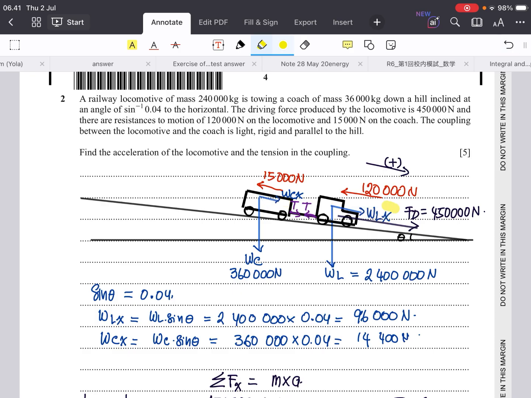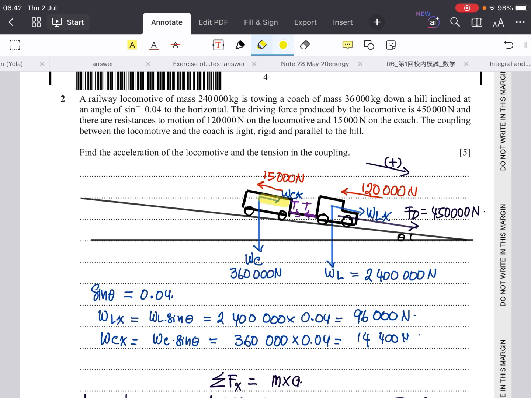So W_LX is W_L, where L is the locomotive, times sine theta. So 2,400,000 times 0.04 is equal to 96,000 Newtons. Then we do the same thing for the coach.